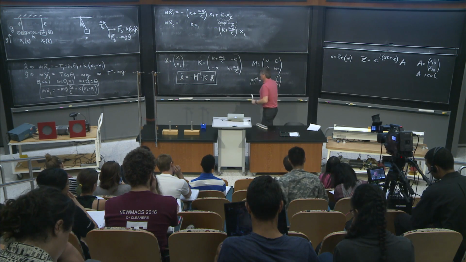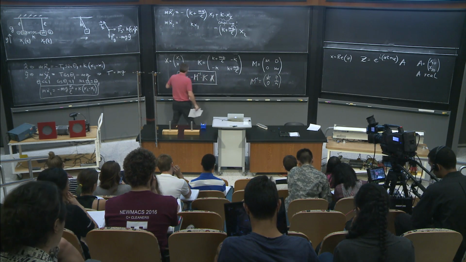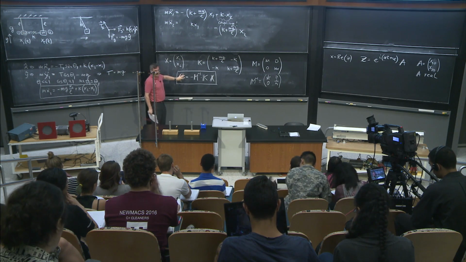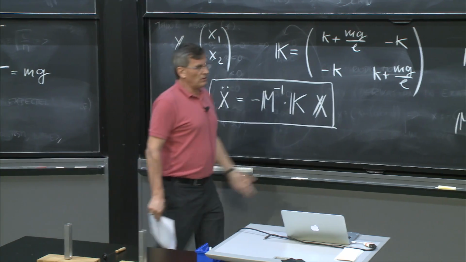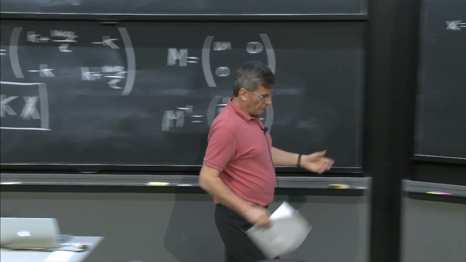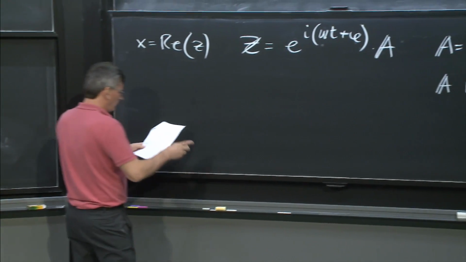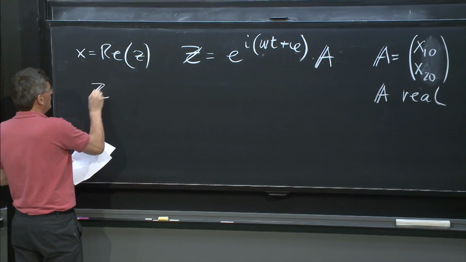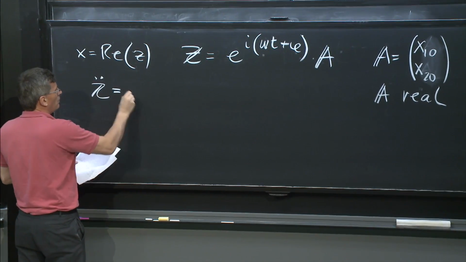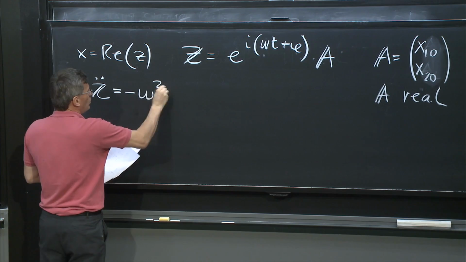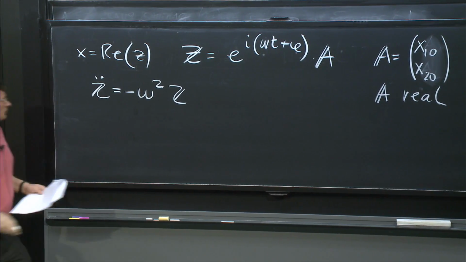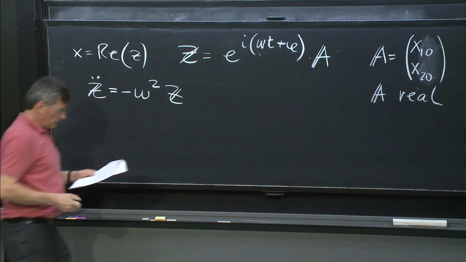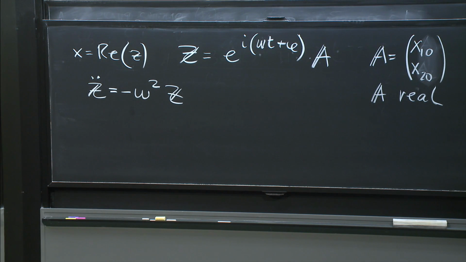And what you see here is, so what do we have? This is the term which is the second time derivative of vector x. And because of vector z, when I plug this in, z double dot is simply equal to minus omega squared times z. I write it like this. So this is a simple thing.